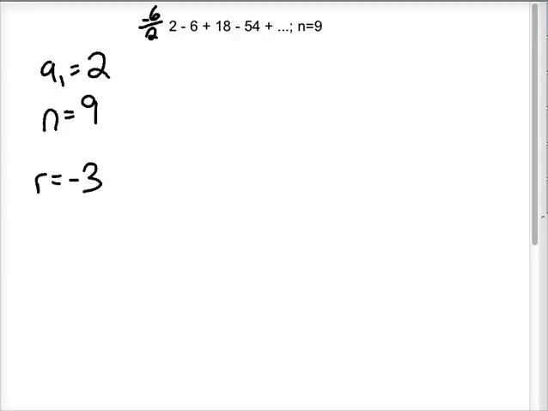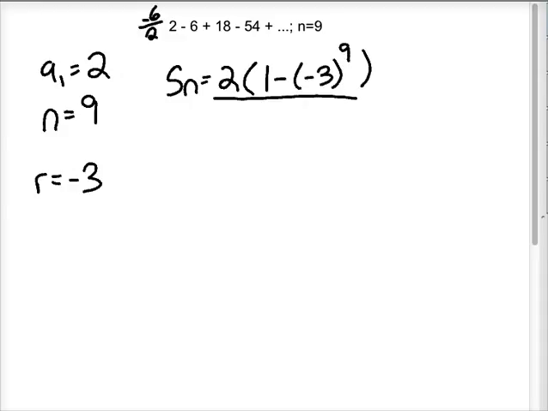My r is I'm multiplying by -3. So I have all the pieces that I need. So now let's plug them in. 1 minus -3 to the 9th power, 1 minus -3.